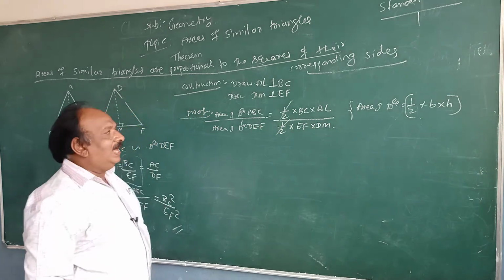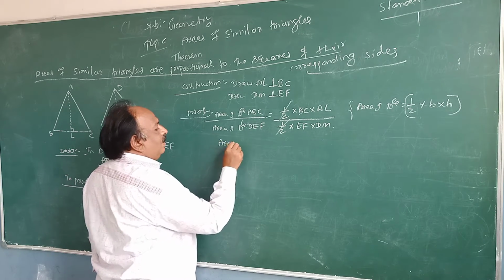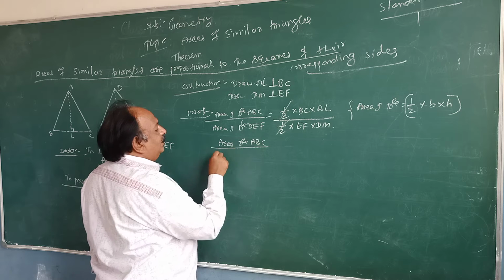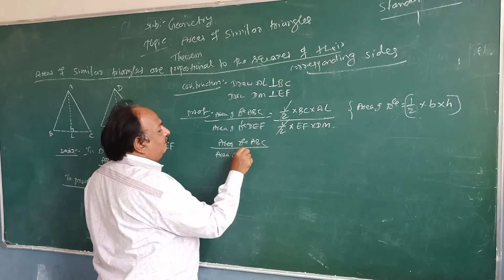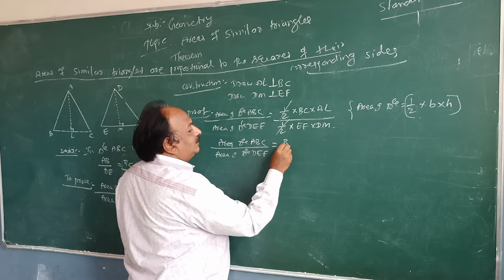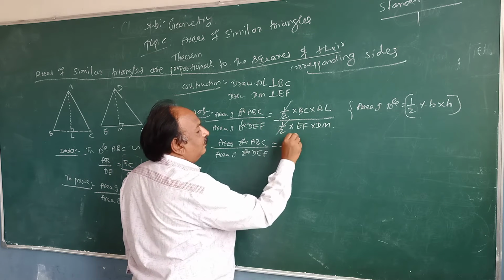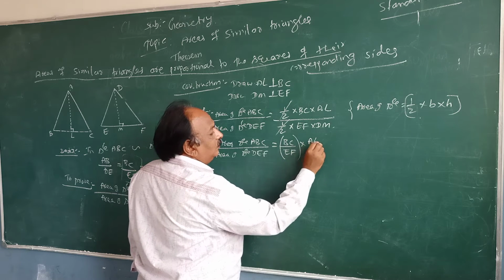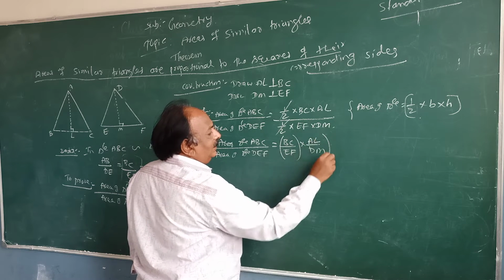Half and half cancel. Area of triangle ABC divided by area of triangle DEF is equal to BC divided by EF into AL divided by DM.